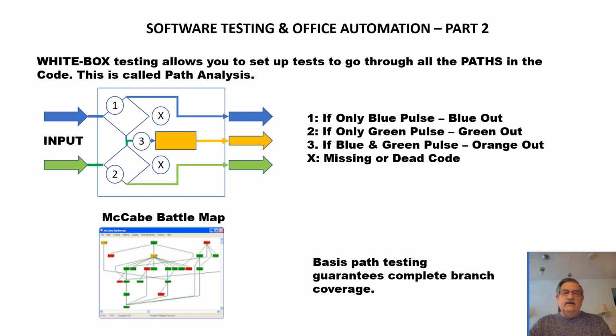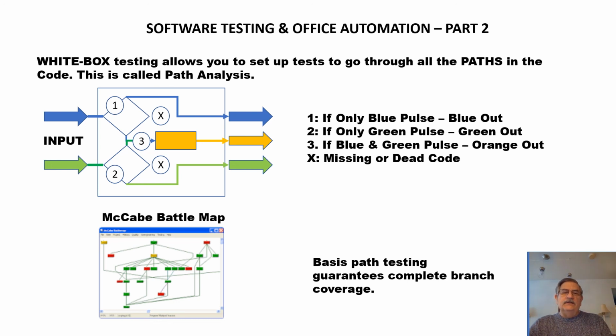As your testing proceeded, automatically or manually, with this data it suggested, it would light up these boxes and lines green, and the ones that were red, you didn't go down. If it was yellow, it meant you didn't go down all the possible paths.